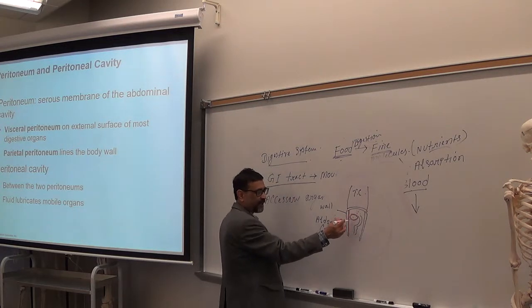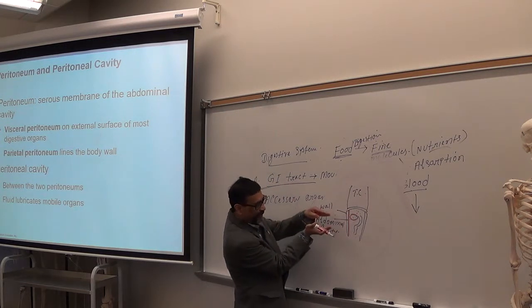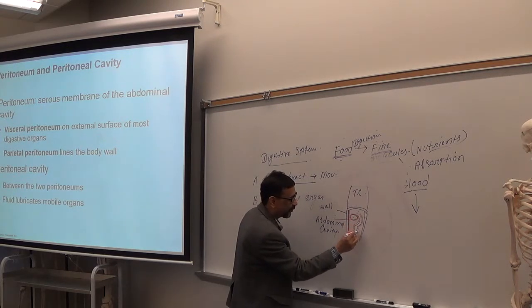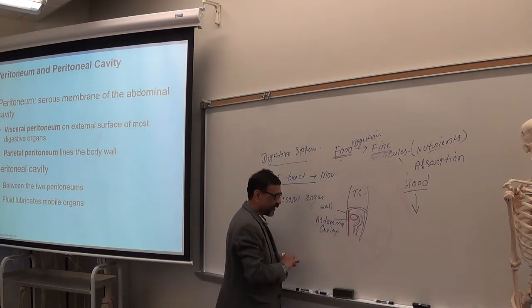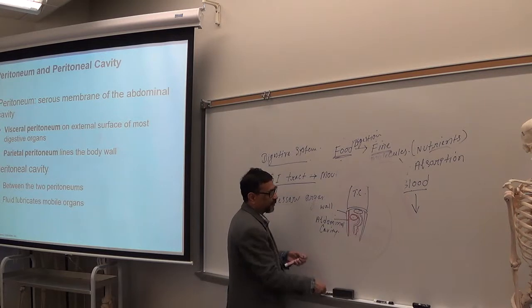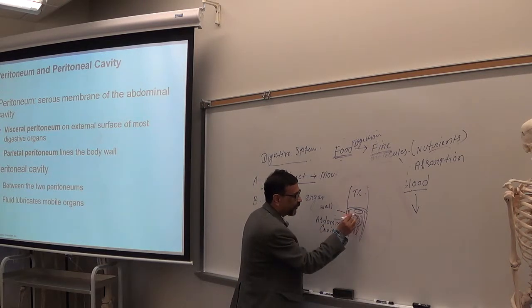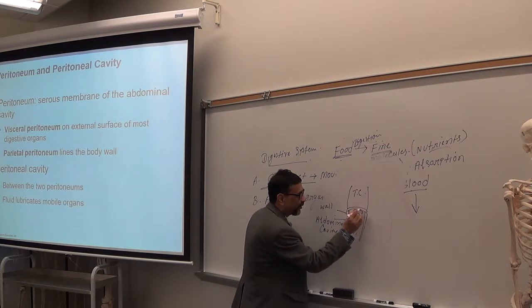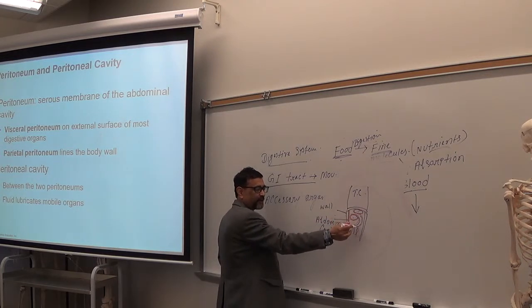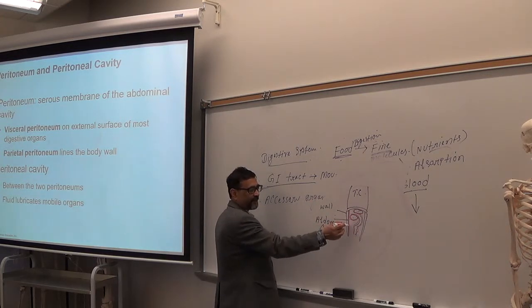Like if this is liver, it is going inwards and covering the liver, covering the small intestine like this. If your stomach is here, this is stomach, okay? Going from here to around the stomach, covering those organs. So you see here, this red line is showing the peritoneum, and it has two layers.